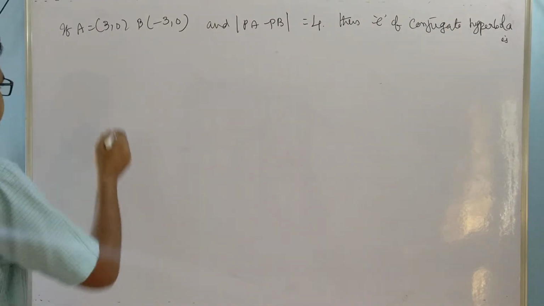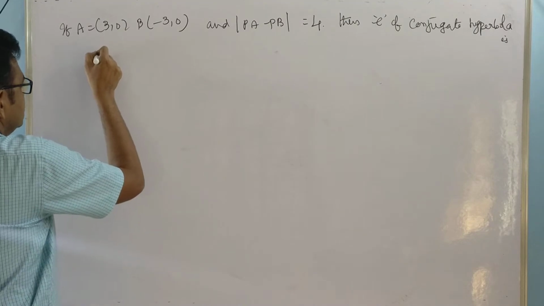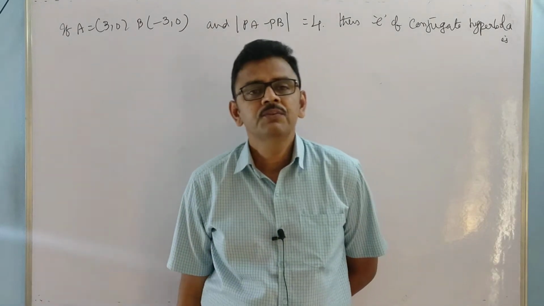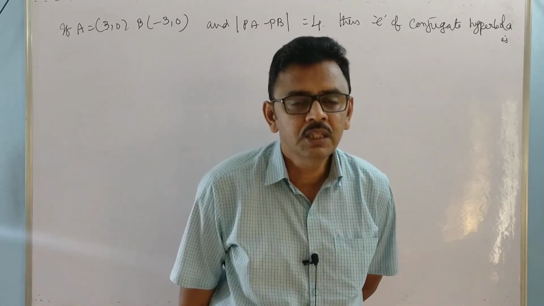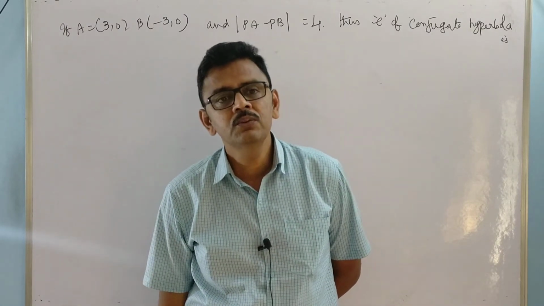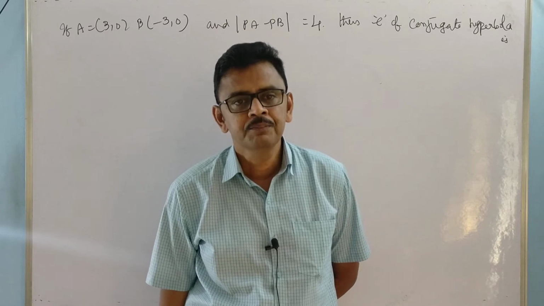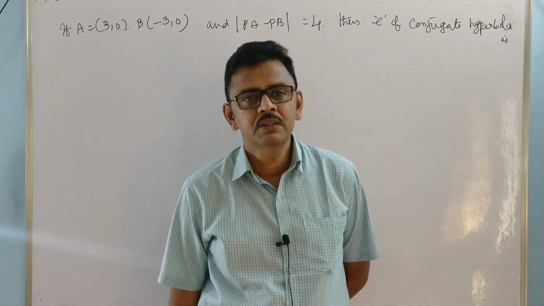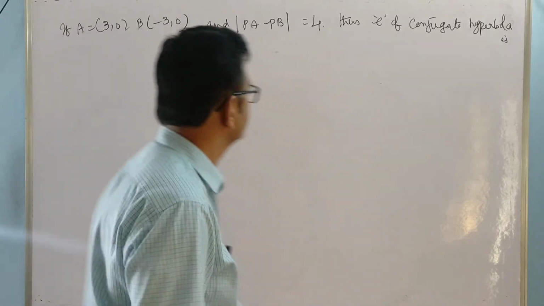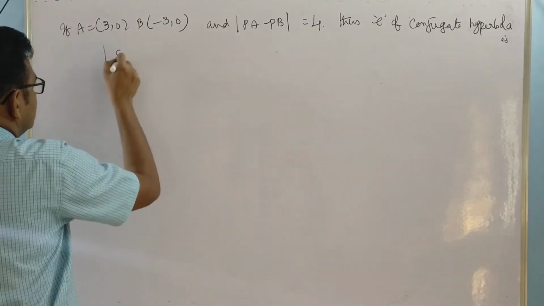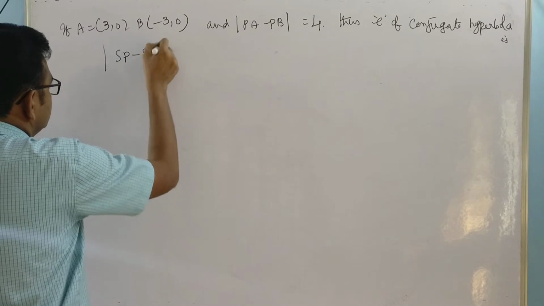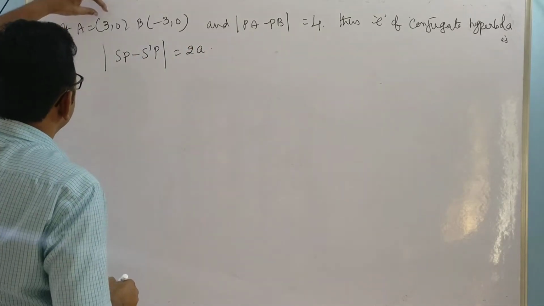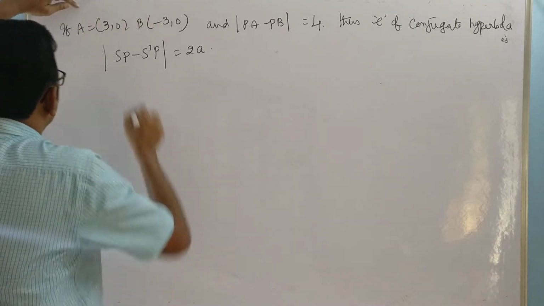Now we have the difference of focal distances of any point on the hyperbola is equal to the length of transverse axis. That is mod of SP minus S dash P is equal to 2a. Here A and B are the coordinates of foci.